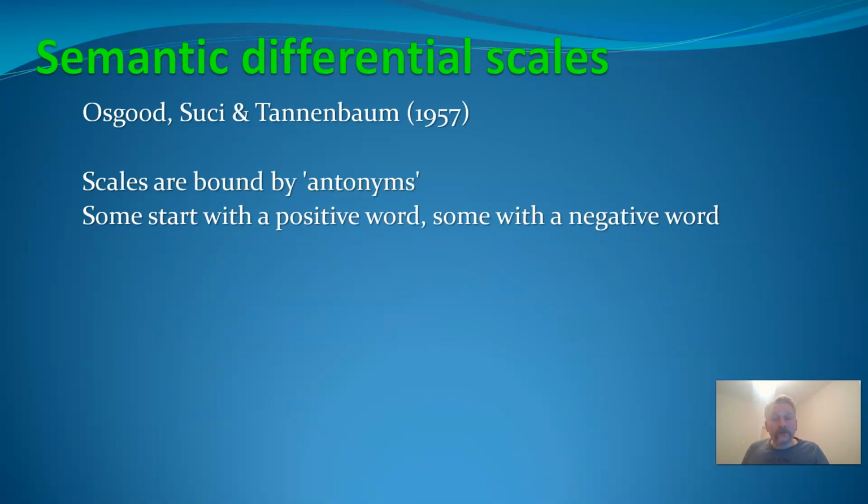An alternative approach is to use something called semantic differential scales. This is where you might give a statement, or the participant reads a statement, and then has to respond via a series of antonyms. So you've got a series of words on polarizing sides, and what the person has to do is put a tick on a line somewhere to indicate how they agree with that response.